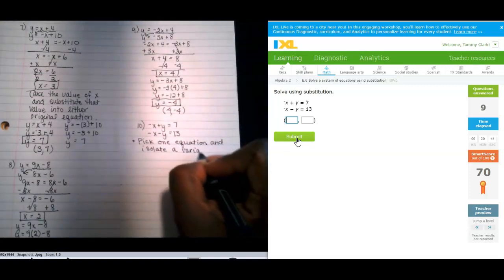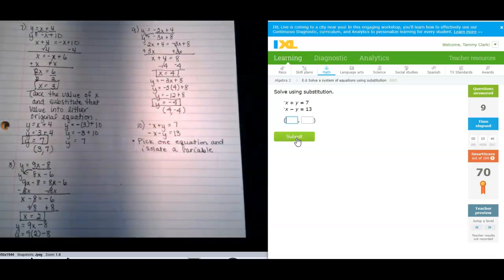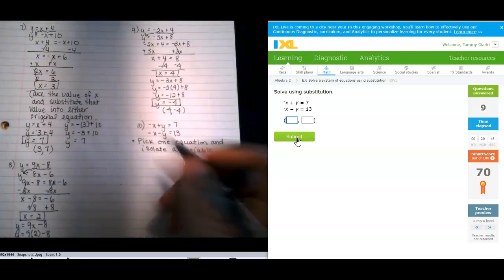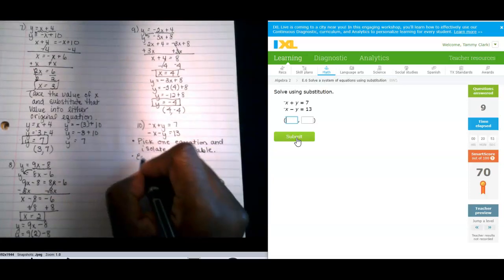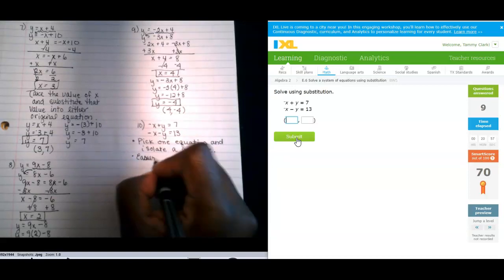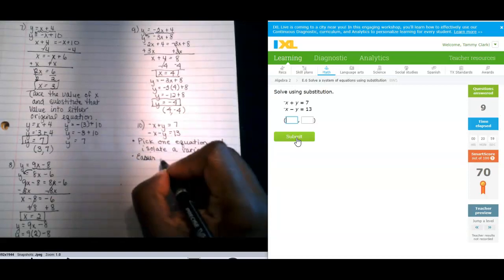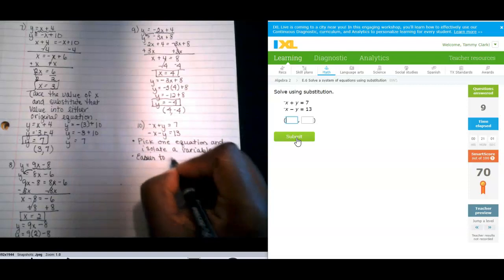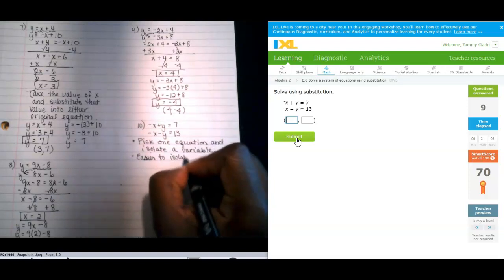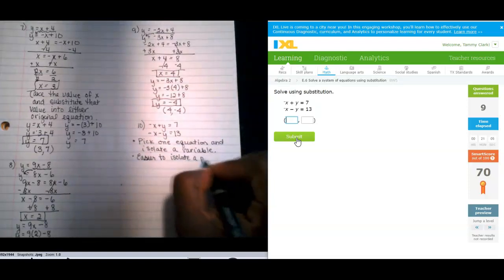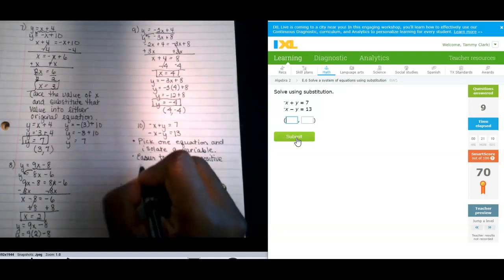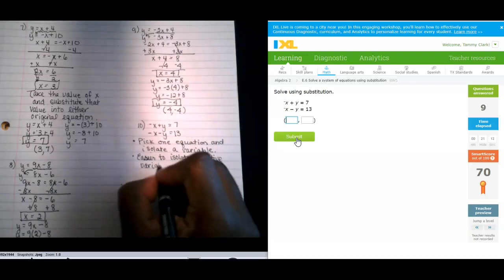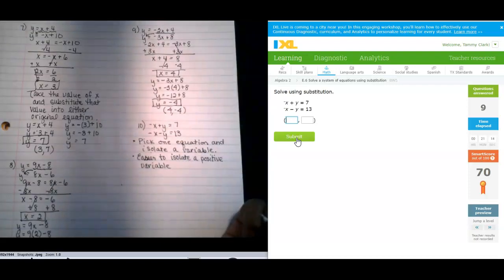Now, here's the hint on this. It's easier to isolate a positive variable. It just makes it easier to deal with when you're substituting.